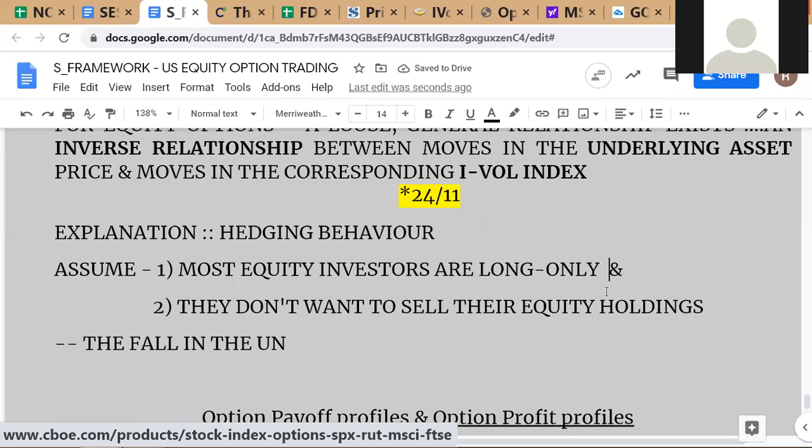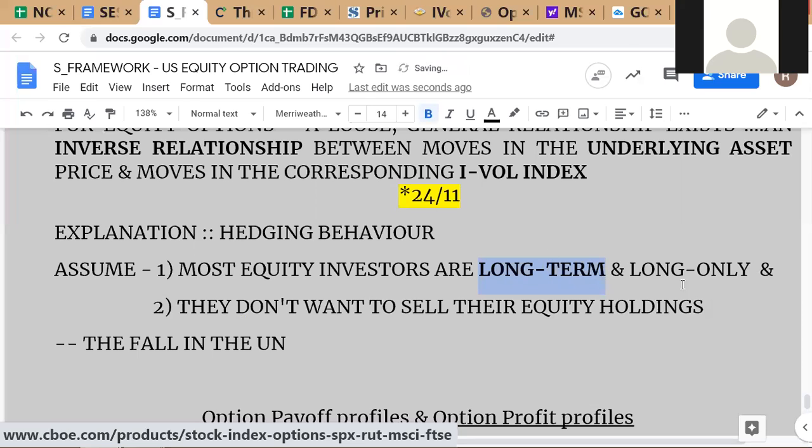So most equity investors are long-term and long only. They don't want to sell their long positions.